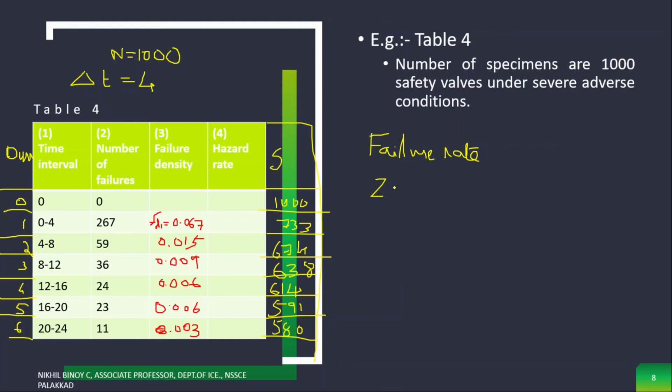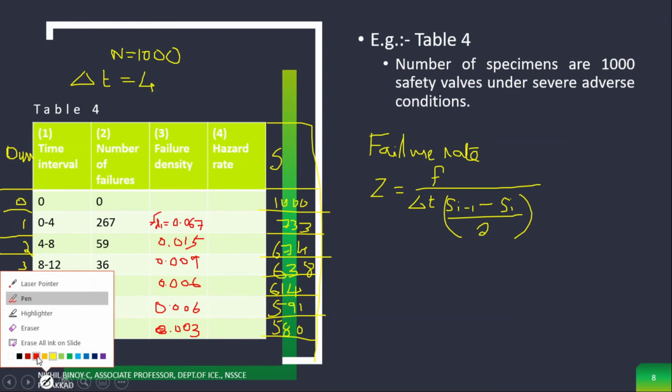Z is equal to the number of failures during a particular interval divided by delta T into (S(i-1) plus Si) divided by 2. Please note delta T and 2 are fixed; only the number of failures and these two survival values change with respect to the duration. Now take the first duration, that is Z1.